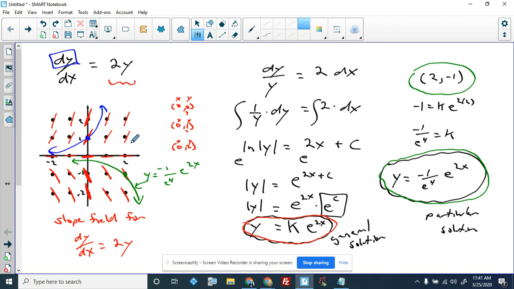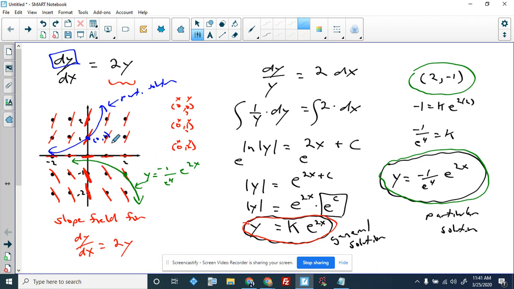And as you know, exponentials have horizontal asymptotes. In this case, it would be at y equals 0 or the x-axis. So this would be the particular solution that goes through the point 0, 1, which I did not find the equation of, but if I wanted to, I can just do 0, 1, plug it in, solve for k, and I would get it. Okay? So not so bad.